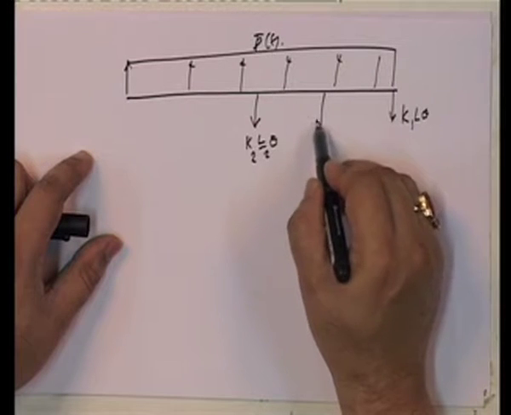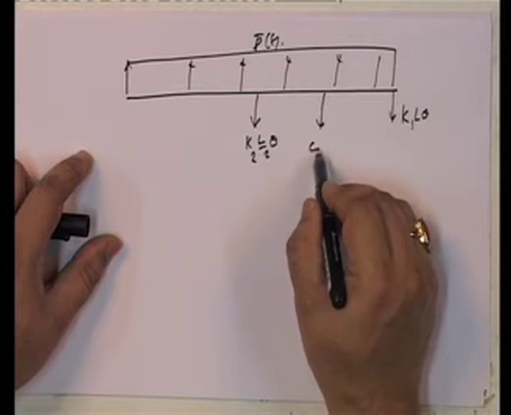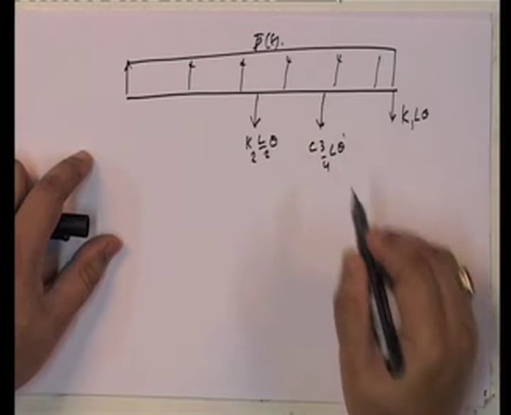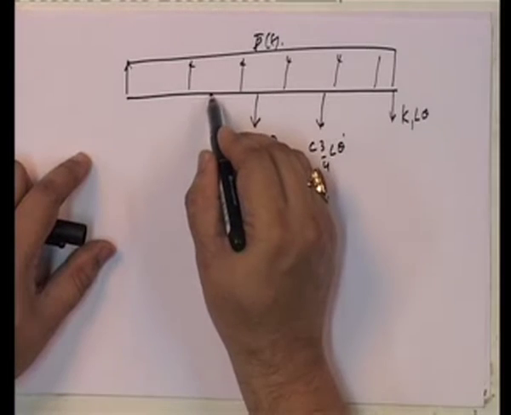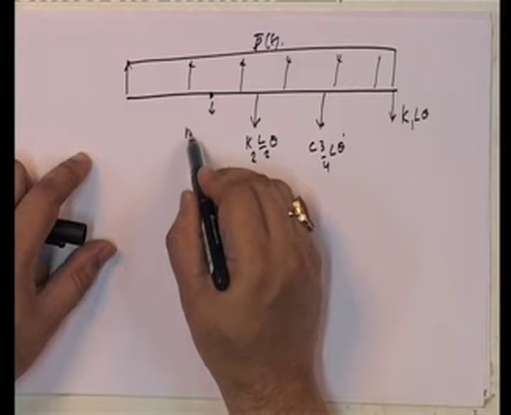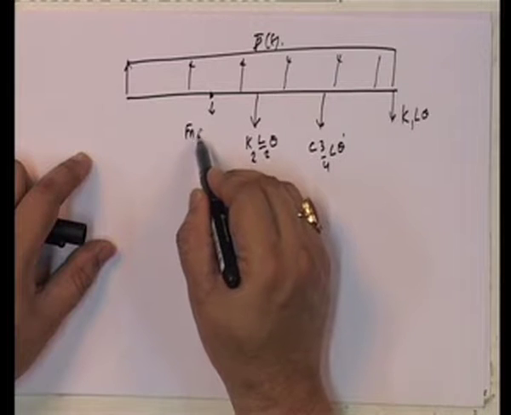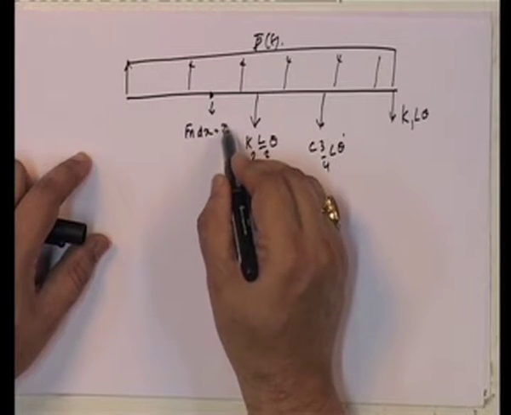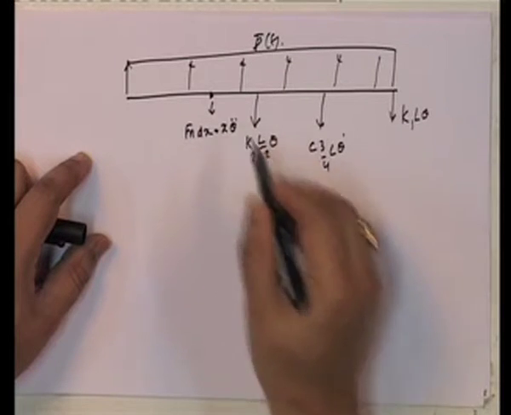Then we have C into 3 by 4 L theta dot, and we have m bar dx into x theta double dot.